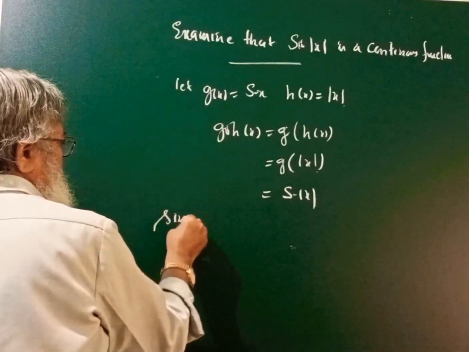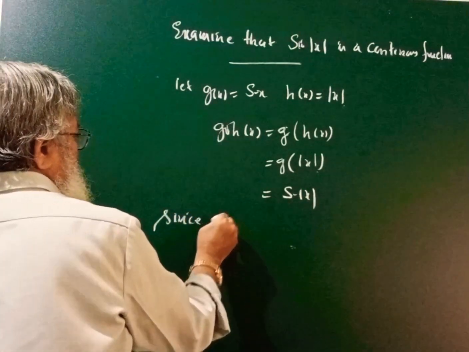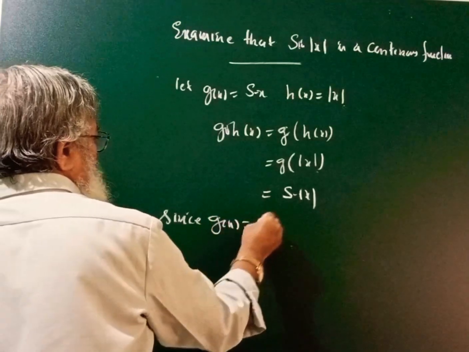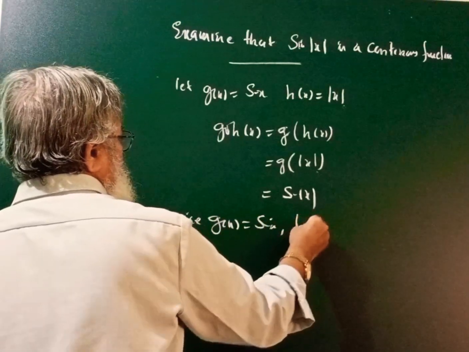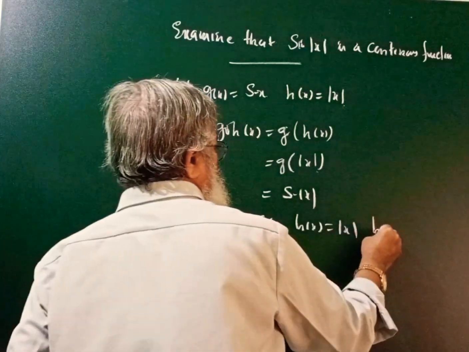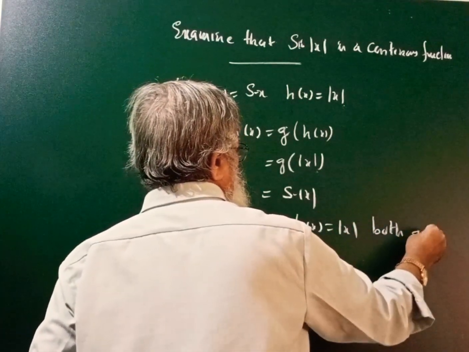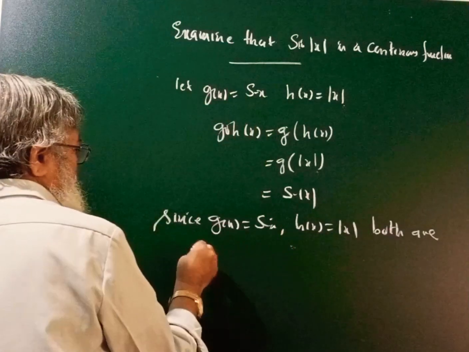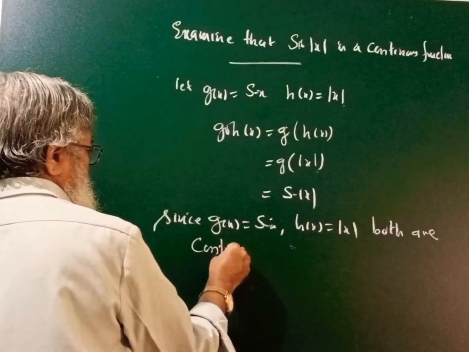So we write, since g(x) is equal to sine x and h(x) is equal to mod x, both are continuous functions.